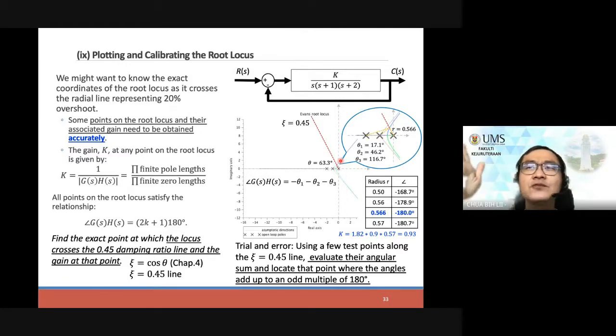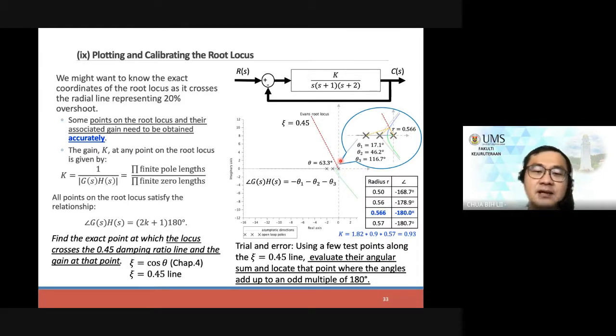Sometimes we want to improve the system, maybe from a damping ratio of zero, no damping, to a certain value. In this case, we have a specific point we desire, 0.45.